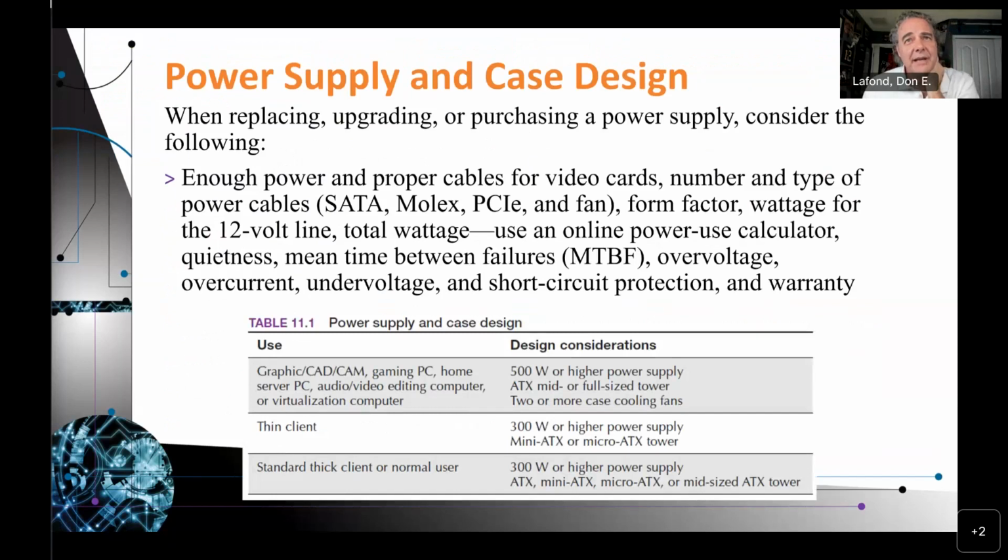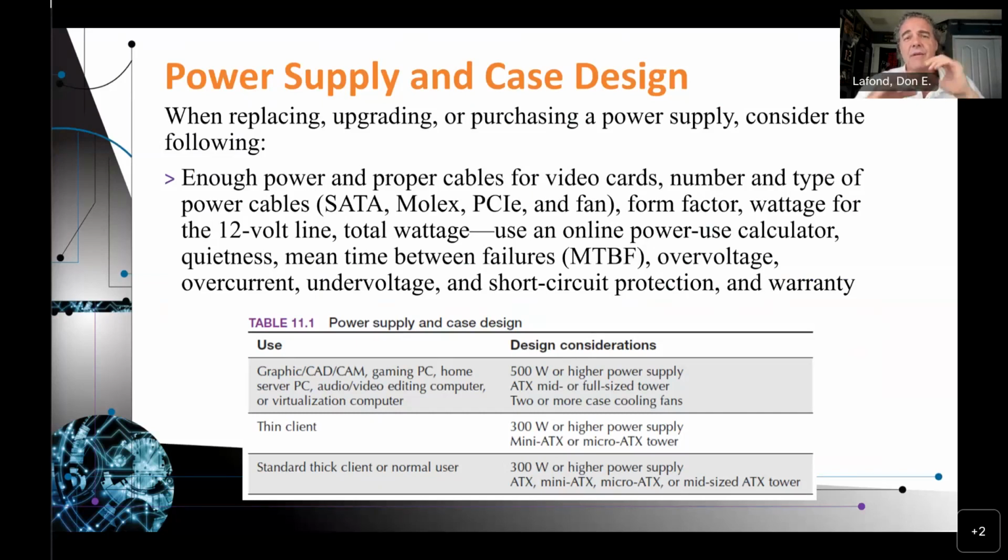Now, the power supply. The important thing about the power supply is you really don't want a power supply that is exactly the same size as the stuff that's running inside your computer. So if you have, let's say, 500 watts of power that you're using for your motherboard, CPU, all the hard drives, and let's say you have an RTX 3080 video card that takes 250 watts or something to that effect.